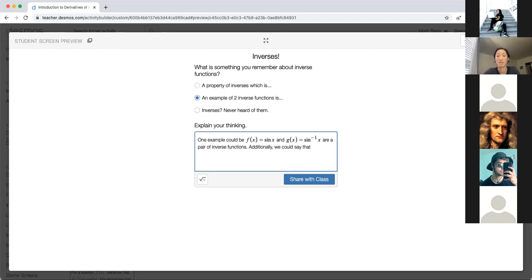Let's go back to that math type, y equals x squared, and y equals, anybody remember how we get that square root symbol to pop up in Desmos? Yeah, square root of x. Those would be a pair of inverse functions.